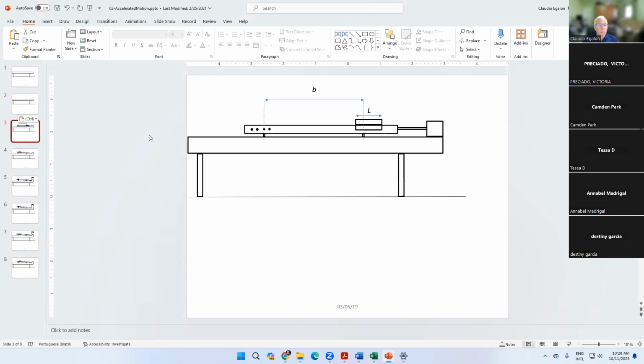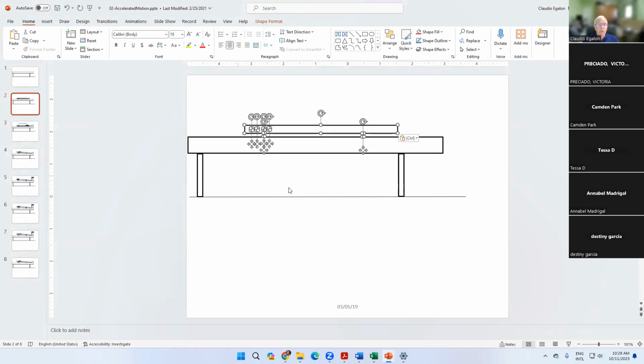After the table, we put an air track, the track here. I don't want this cart yet. I'm playing the movie here for you. This track has 2 legs. Actually, it's 3 legs. One of them is adjustable. This other one is two foot, this one is 1 foot.